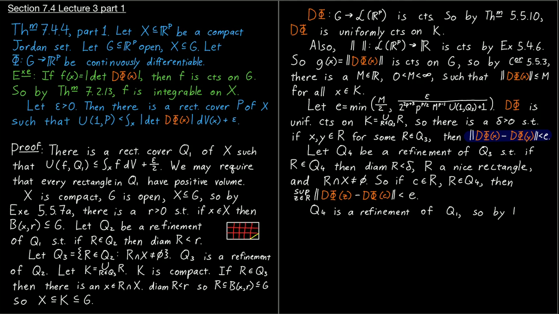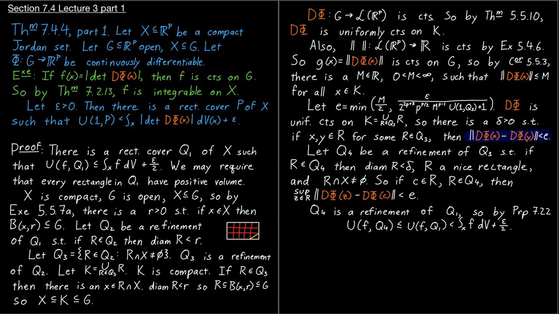So by a very early proposition in section 7.2, we have that the upper sum of f, the absolute value of the determinant of d phi, that I don't feel like writing out anymore, is less than or equal to the upper sum of f over Q1, because Q4 is a refinement. Refinements just pull your upper sums down. That's less than the integral over X of f dV plus epsilon over 2. That's how we picked Q1.